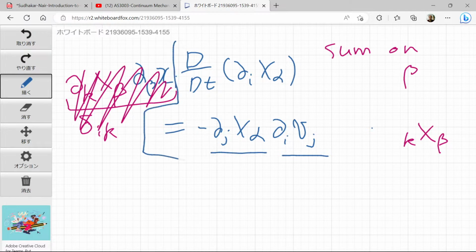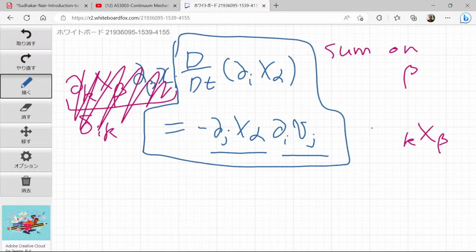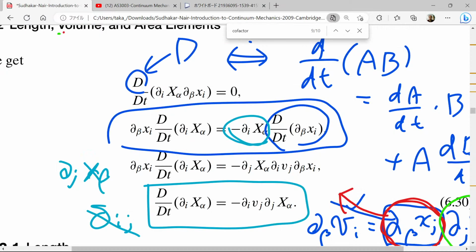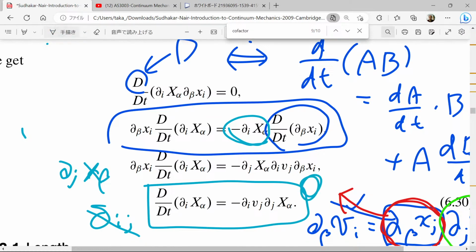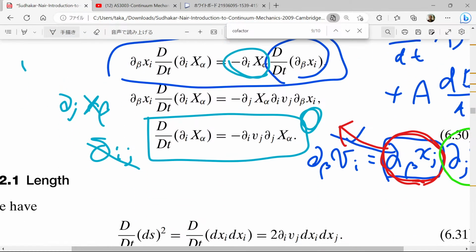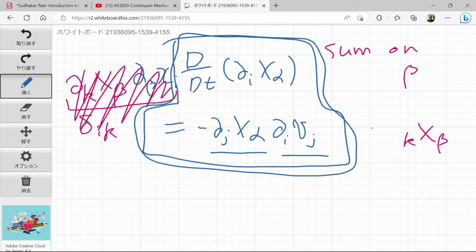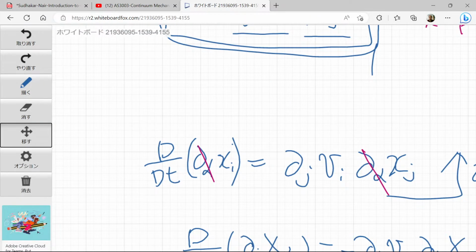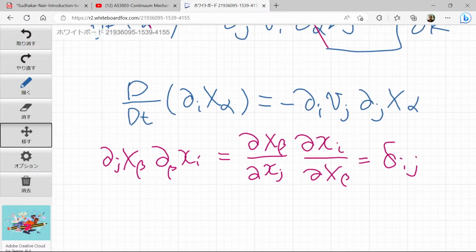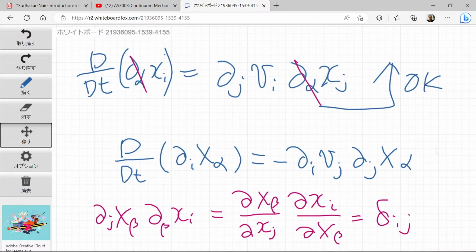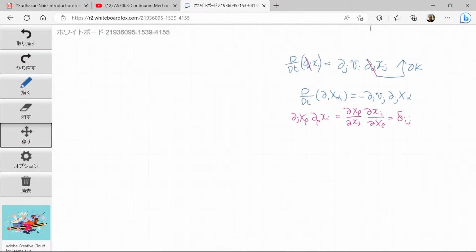I finally got this equation. So this is okay. Yeah. So to summarize, this is the thing. No. What is it?